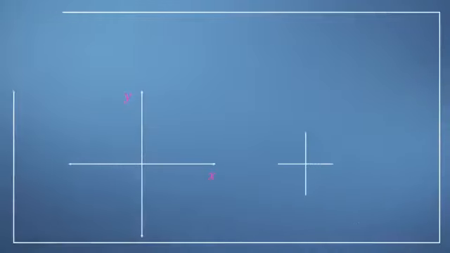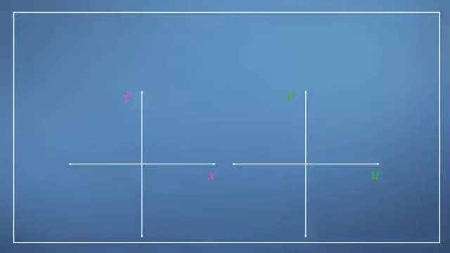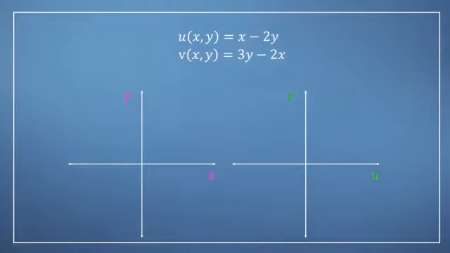Next, we're going to build a Jacobian matrix which describes functions that take a vector as an input, but unlike our previous examples, also give a vector as the output. If we consider the two functions u of x and y equals x plus 2y and v of x and y equals 3y minus 2x, we can think of these as two vector spaces, one containing vectors with coordinates in uv and the other with coordinates in x and y.